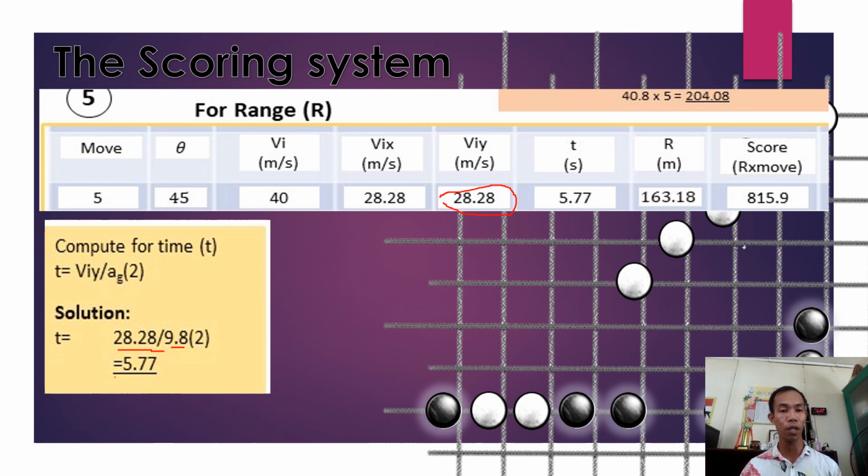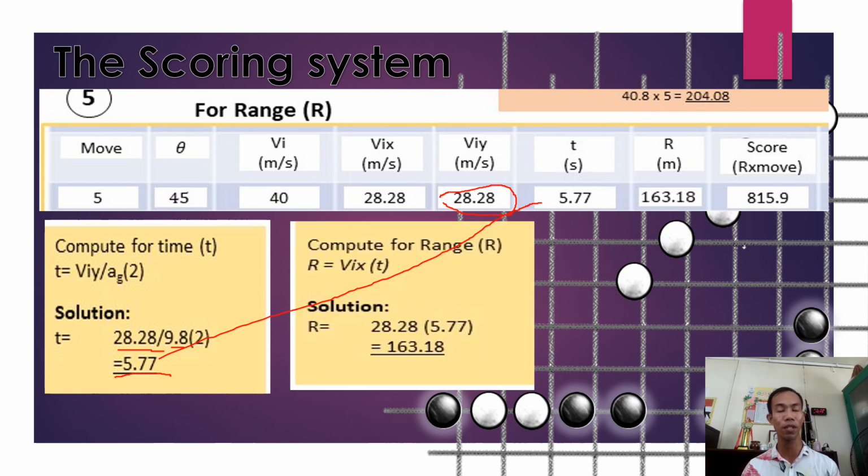The time is equal to 5.77. Why did we multiply it with 2? Because the time it takes for the projectile to go up is the same with the time it takes for the projectile from the highest point to the final position. There it is. After solving for the time, you can now compute for the range.